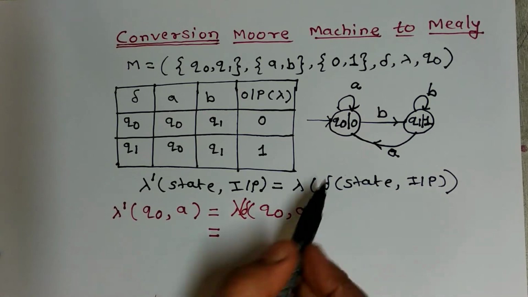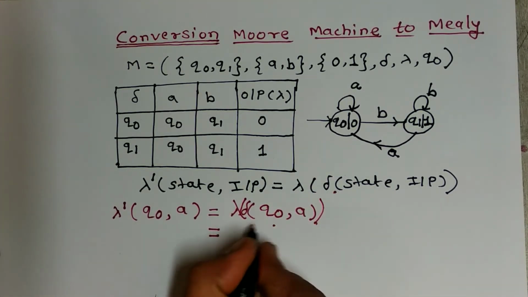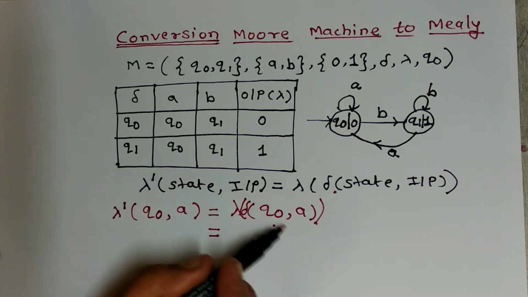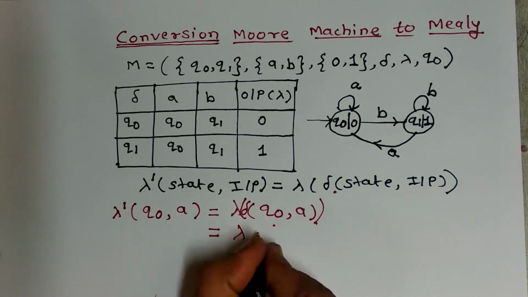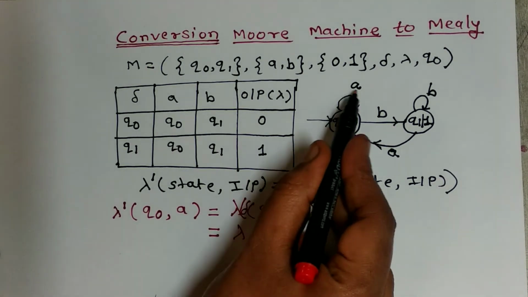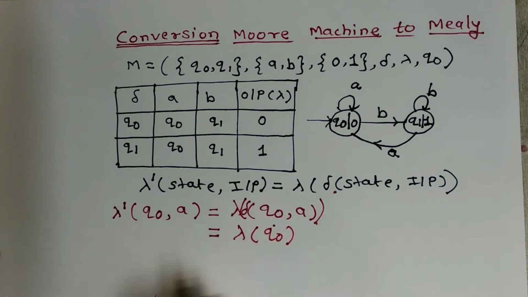Delta is remaining: lambda of delta of Q0 comma A. So what is the delta of Q0 comma A? Q0 delta A is Q0, meaning Q0 by taking A goes to itself. So here Q0 comes and we are going to calculate the lambda.